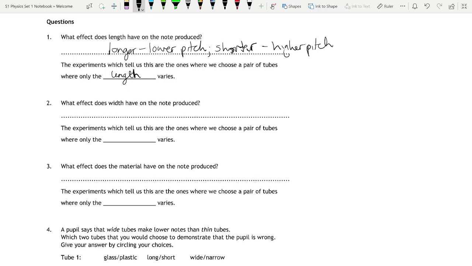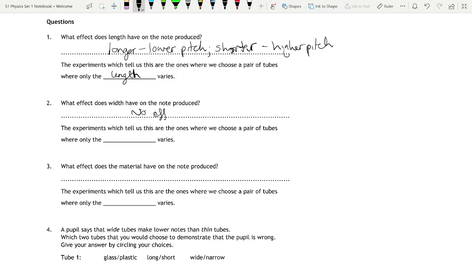What effect does the width have on the note produced? Okay, not quite, but I see where you're coming from. No effect. It shouldn't have an effect.